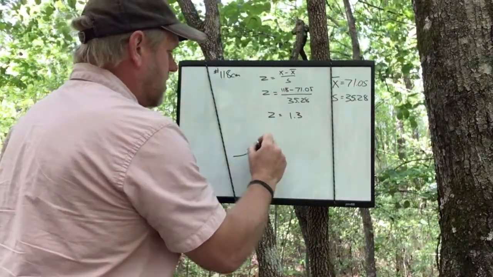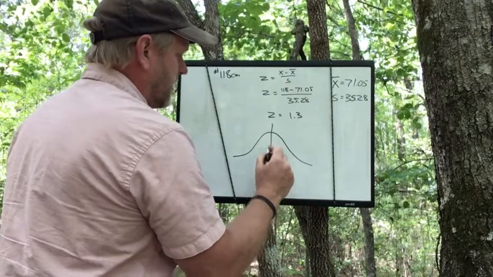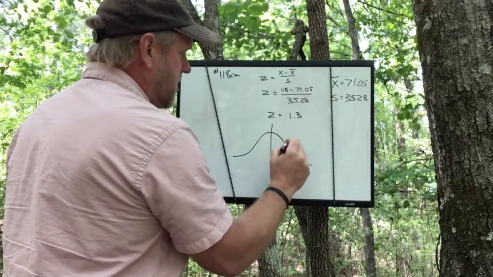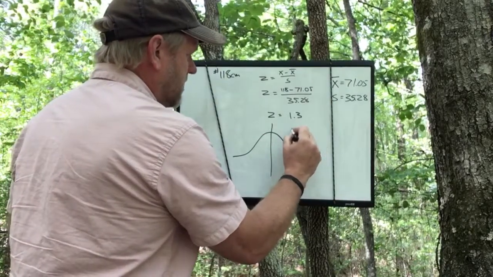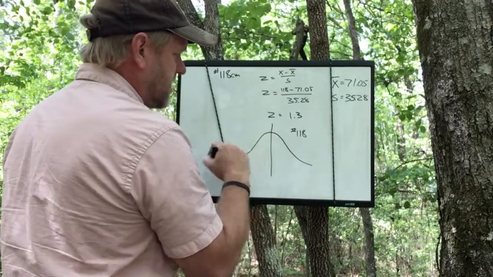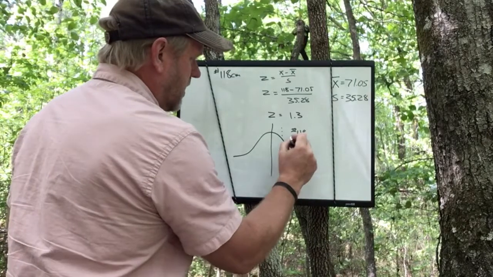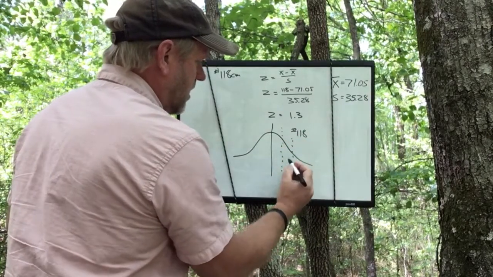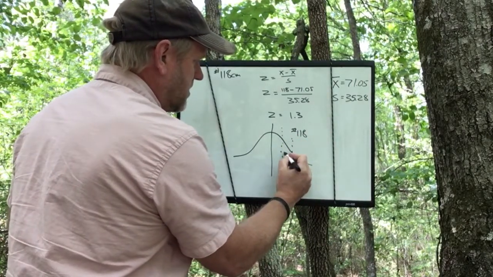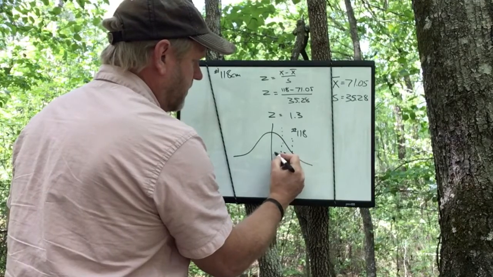That means if I look at my bell curve, and I look at where tree number 118 would lie in the grand scheme of things, if here's my first standard deviation and here's my second standard deviation, then my tree would be somewhere about there.